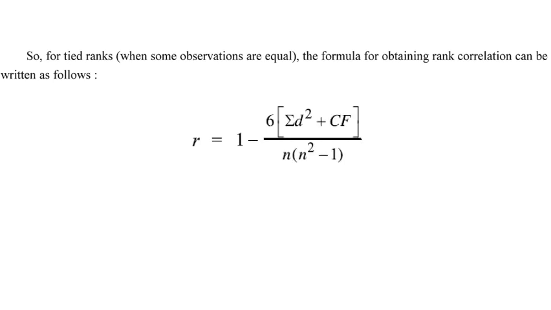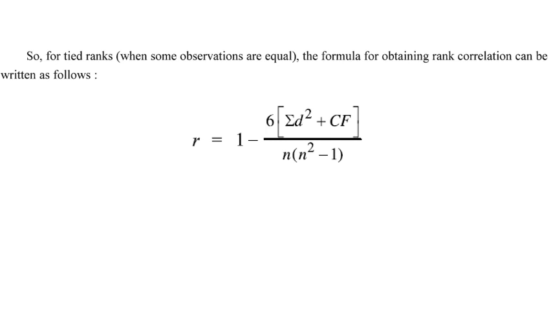The formula for the tiebreaker will be 1 minus 6 brackets summation d square plus CF upon n into n square minus 1. You see, only one CF has been added into the formula. Everything else is the same. So you will not multiply 6 directly with d square, but you will add CF first and then multiply the answer with the 6.